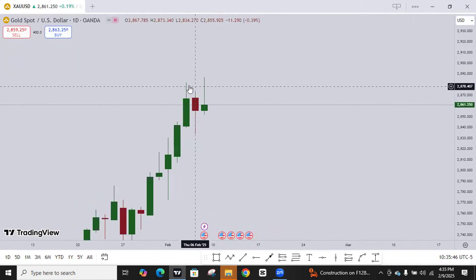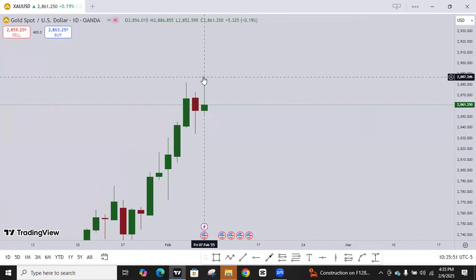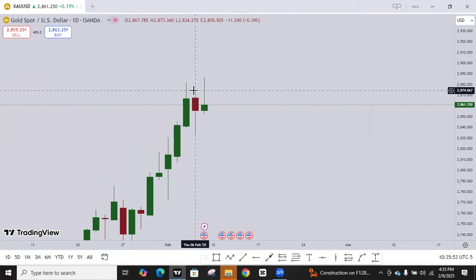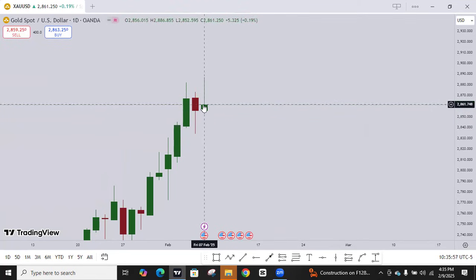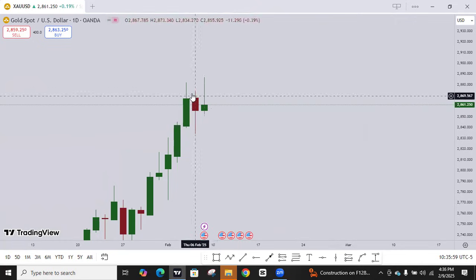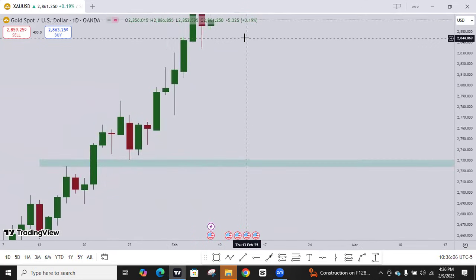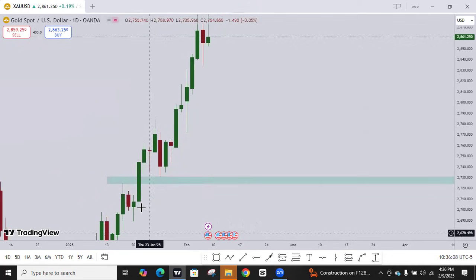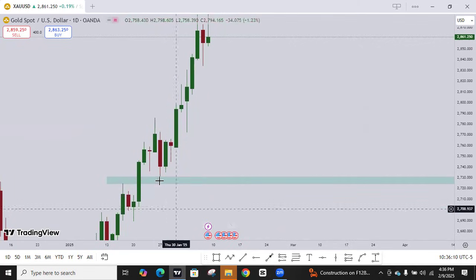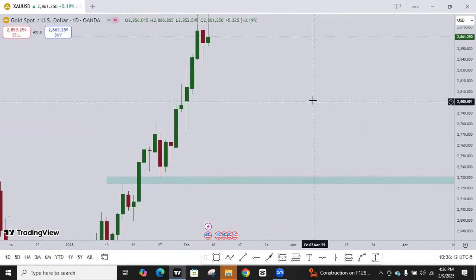Even though we can see this previous week high, market taking out this previous day's high, and we have previous day's low, and market closing below the opening price of the previous day, I am not expecting bullish or bearish. But if I'm to expect something, then at gunpoint, if you put a gun on my head, I would say I'll be expecting a drop towards this fair value gap.